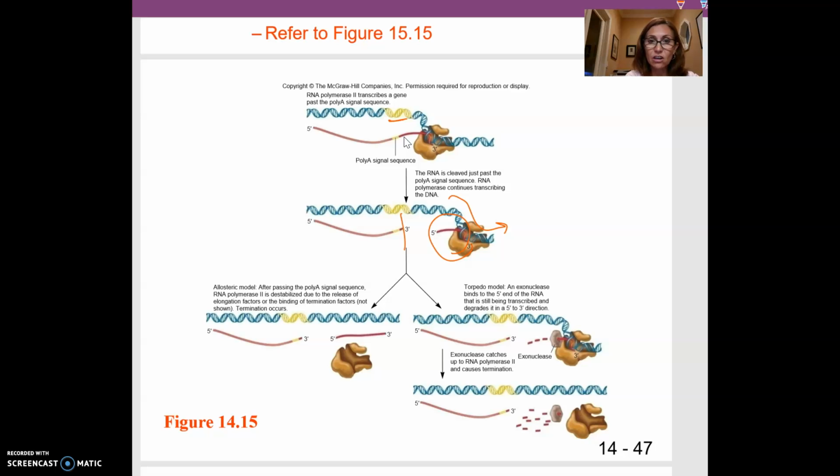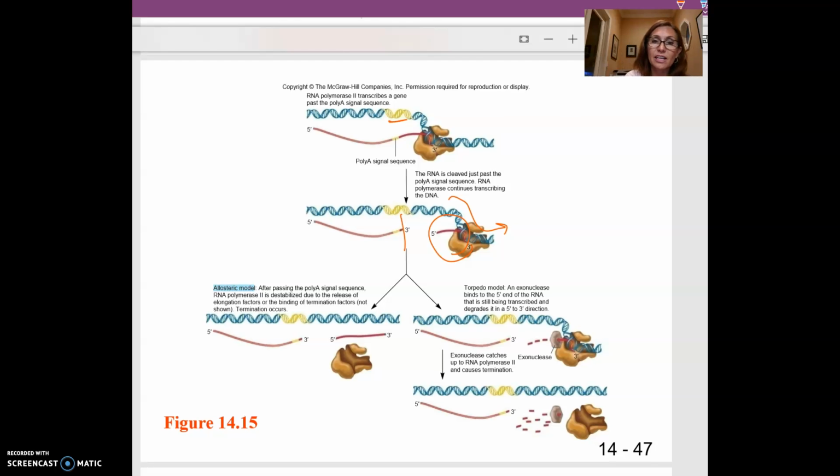So in the allosteric model, here's allosteric. Let me get my highlighter going here. The allosteric model over here is showing you that after the RNA polymerase, sorry, I said ribosome, passes that poly-A signal, RNA polymerase 2 becomes destabilized, and basically enzymatic action cleaves this messenger RNA at the 3' end of the poly-A signal.